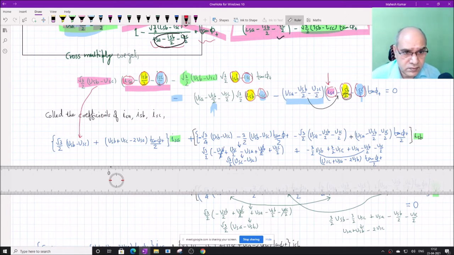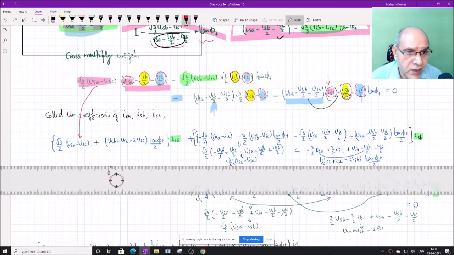So this minus and this minus will become plus. Now this is minus here, so not plus, but I have changed the polarity of the terms.